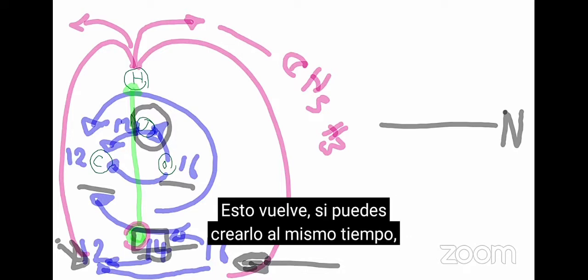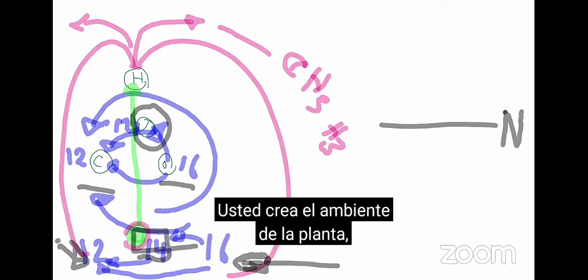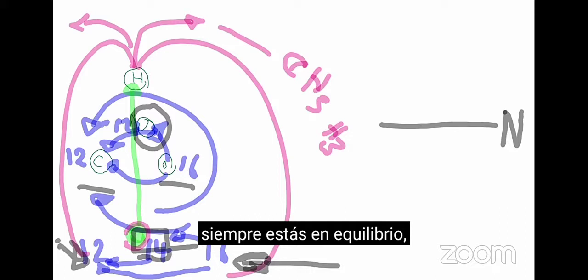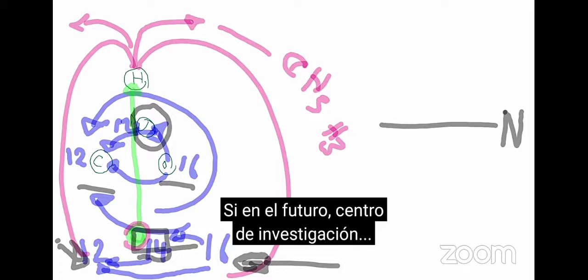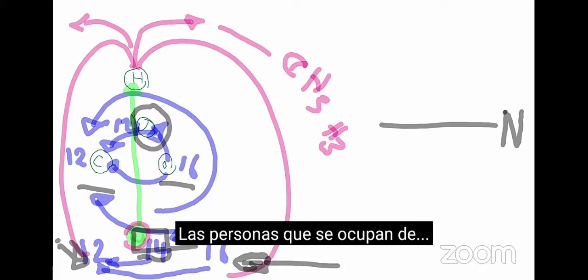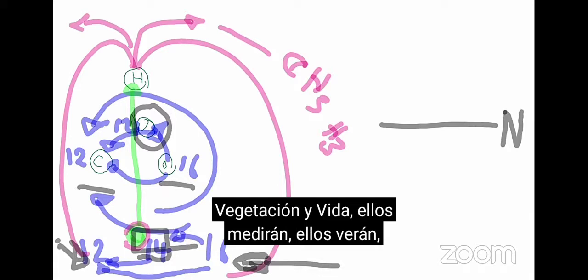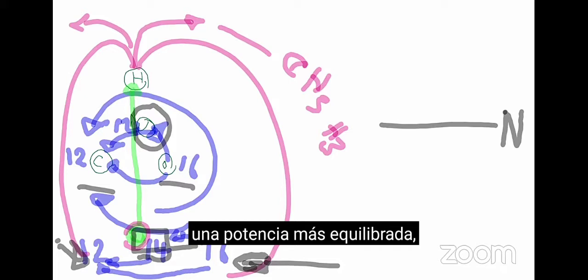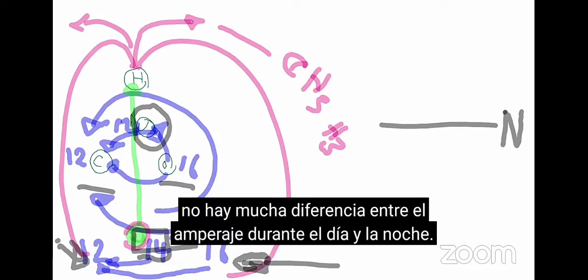If you can create this at the same time at the plant, you create the environment of the plant, and you're always in balance. In the future, research centers, people who deal with vegetation and life, will measure and see a more balanced power, not much difference between average during the day and night.